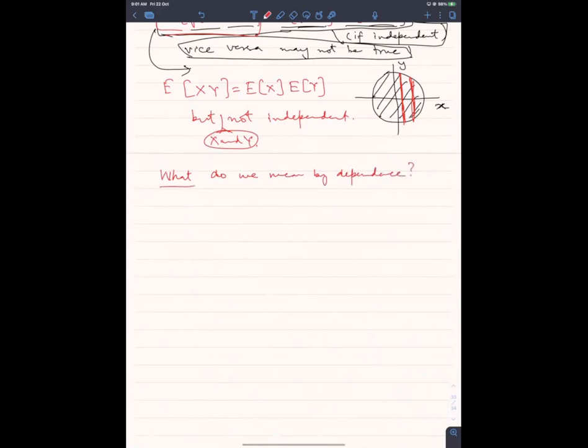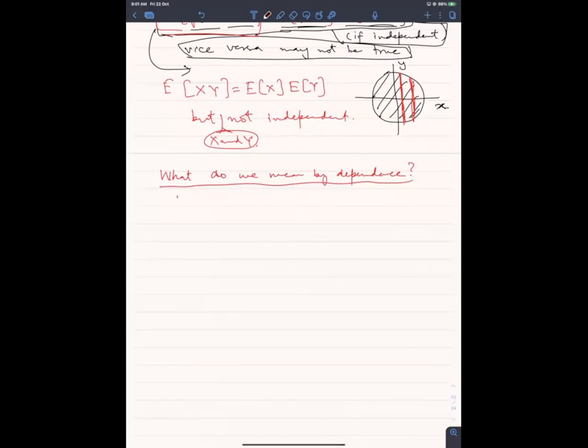Dependence का मतलब क्या है? Dependence का मतलब ये है कि if two random variables are independent, knowing the value of one random variable will not tell you anything about the other random variable. If the two random variables are dependent, then knowing about one random variable will tell you something about the other random variable. Okay.